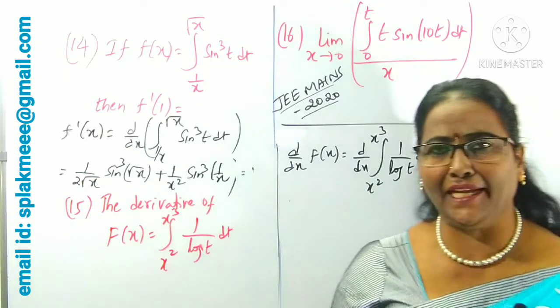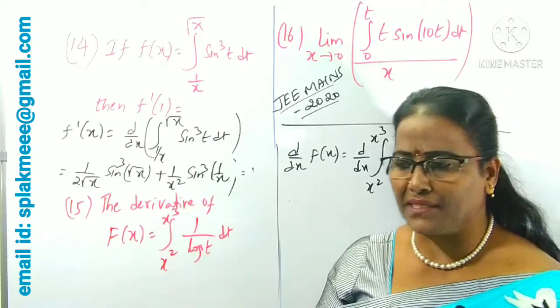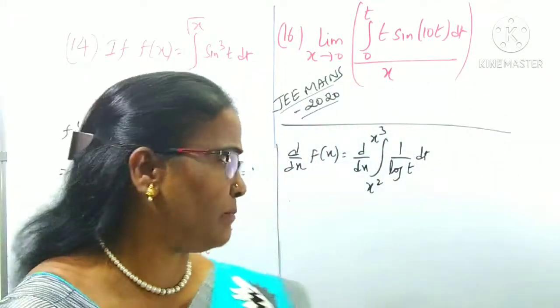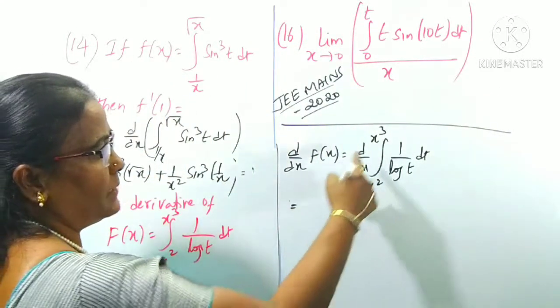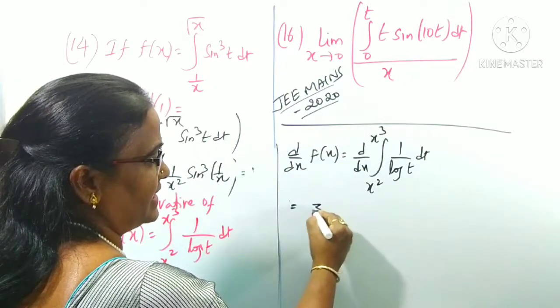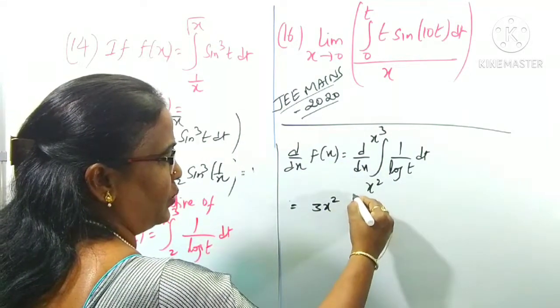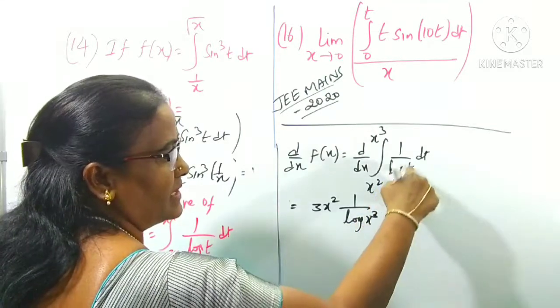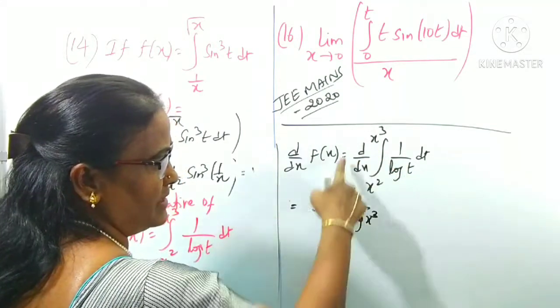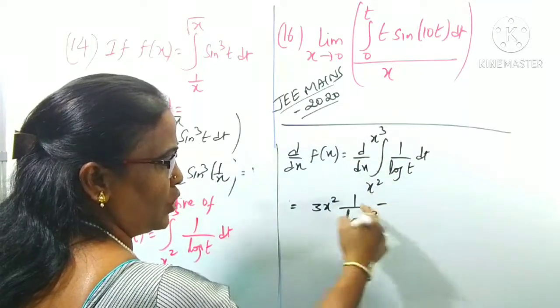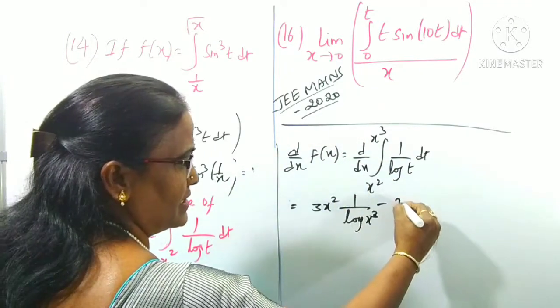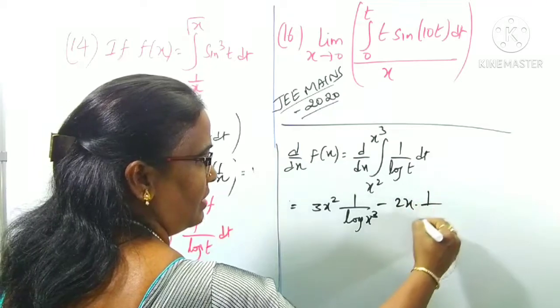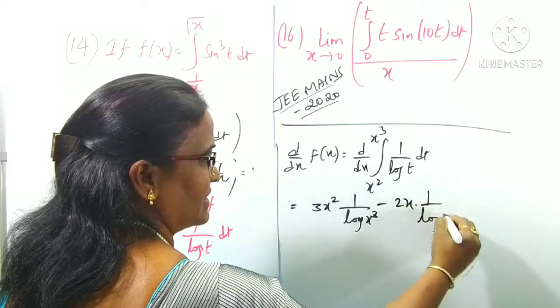Now again we have to use what? Leibniz rule. What is that Leibniz rule? Again, what is the upper limit here? Upper limit is x cube, derivative 3x square, into 1 by log x cube. In place of t we can write x cube. This upper limit part is over. Minus lower limit x square, derivative is 2x, into 1 by log, in place of t we can write x square.